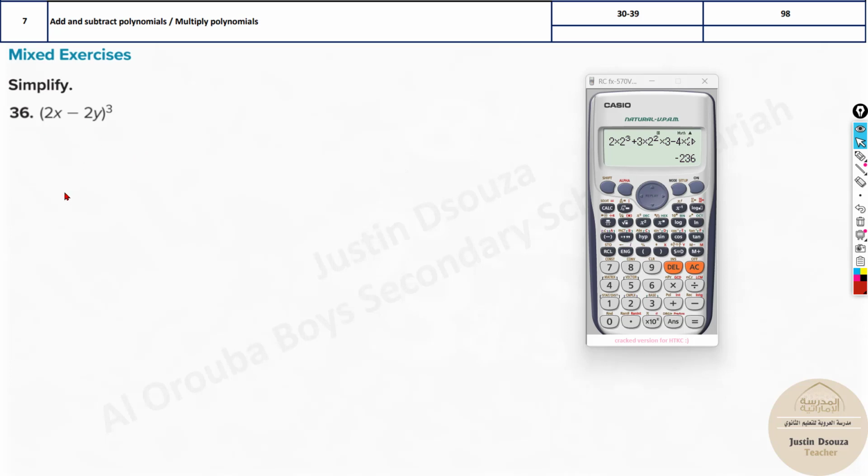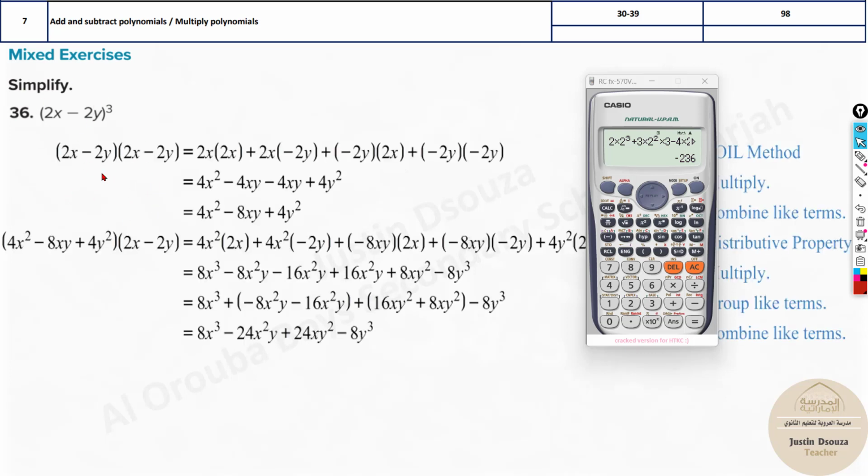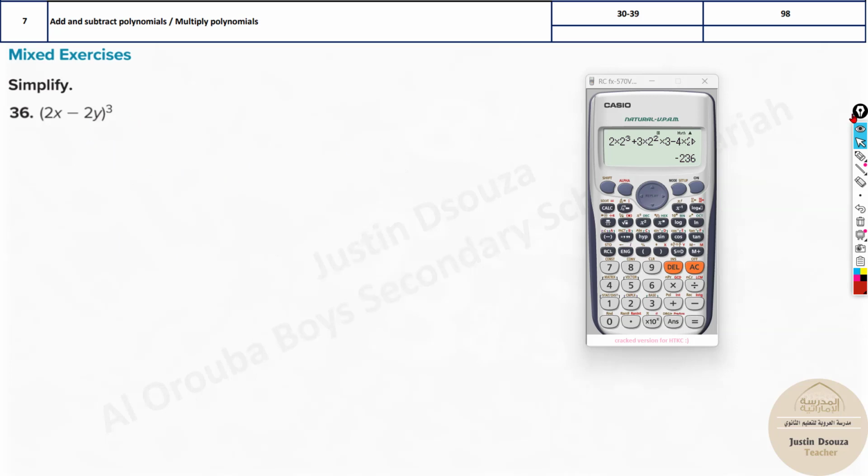Various methods. Let's just check, because there is an identity for this, but in the textbook that is not done. What they have done is they have split these into three. I will show you what they have done. Instead of using the identity, they have taken 2x minus 2y multiplied by 2x minus 2y, again multiplied by 2x minus 2y.